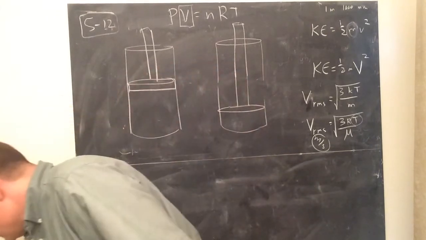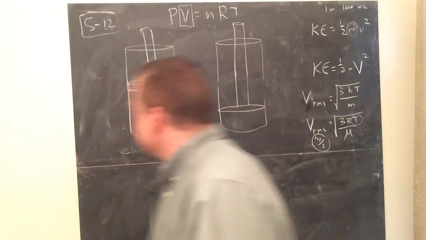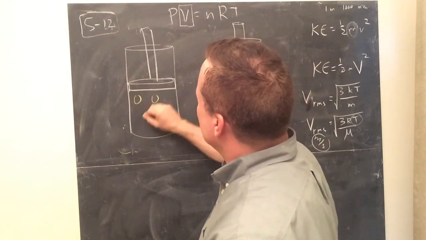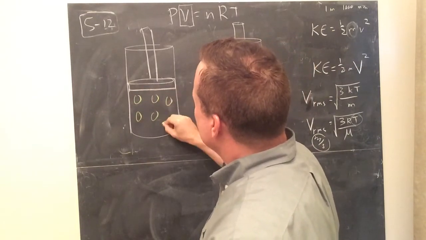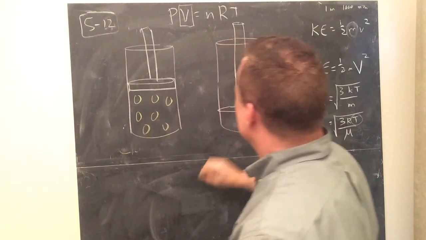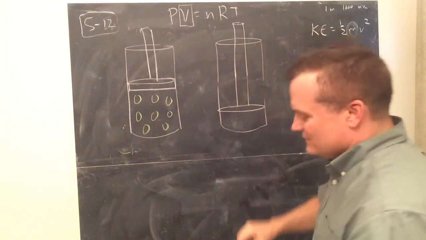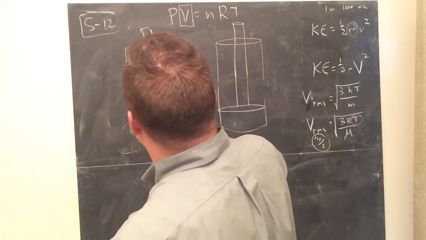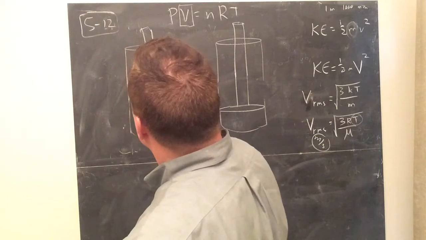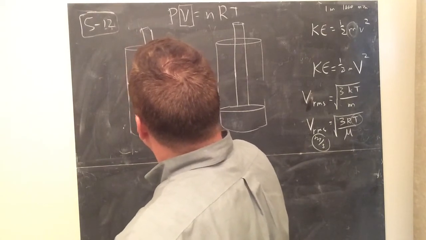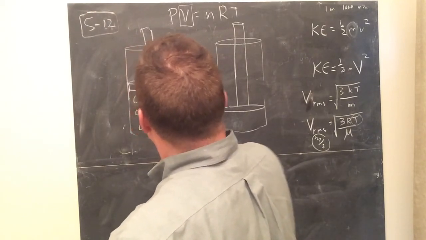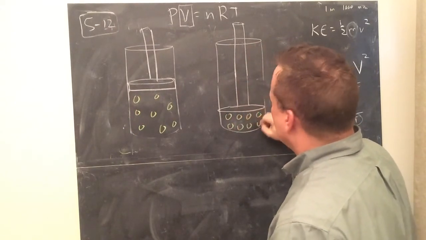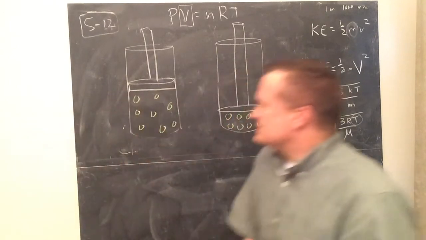Now let's put 8 molecules there. I kind of like to draw them even smaller, but just to show you my point, that'll be okay. And then here I'll put them. Okay, so here's the thing.